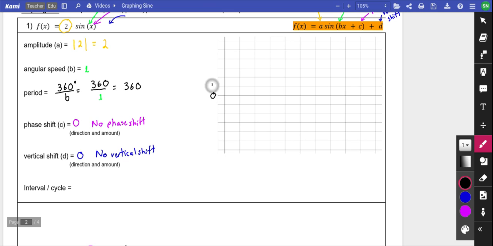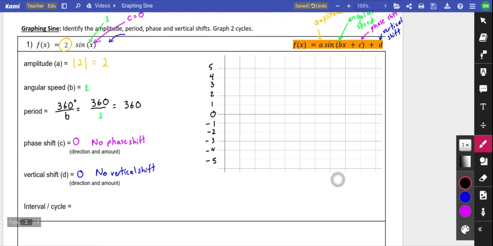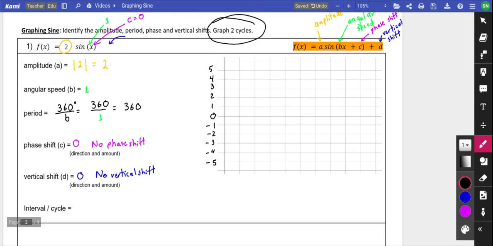We start with 0, 1, 2, 3, 4, 5, and negative as we go down. We are also going to be dividing the graph into 2 cycles. That's how much we're supposed to graph for this problem.